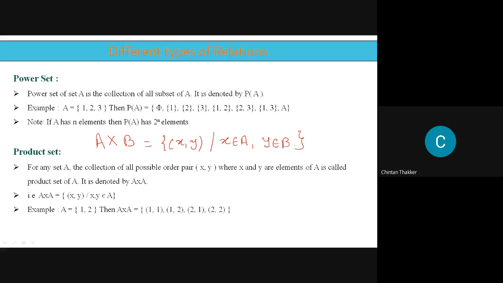If A has two elements, 1 comma 2, then A cross A has four elements. Those four ordered pairs are 1 1, 1 2, 2 1, and 2 2. So these are the ordered pairs in A cross A.